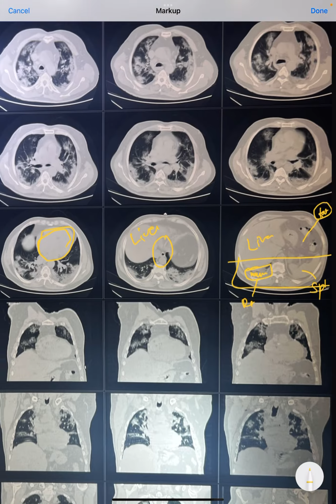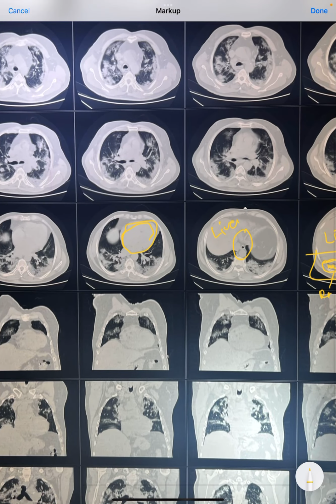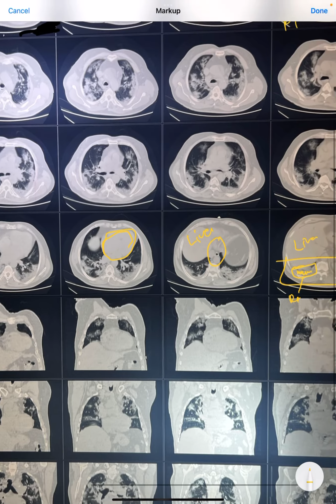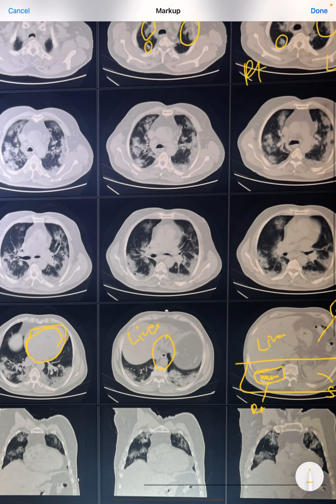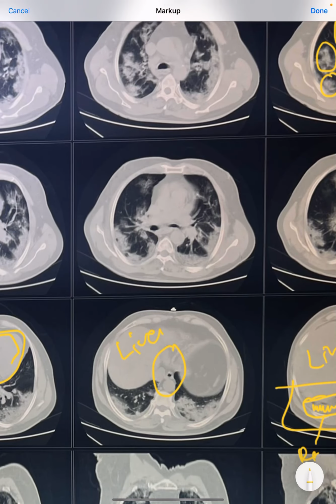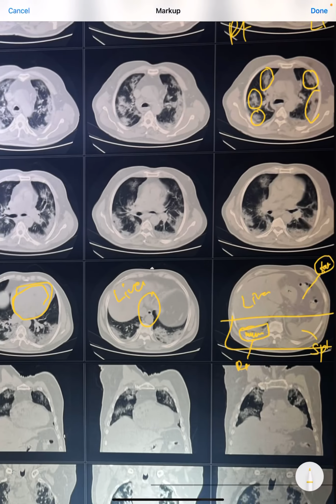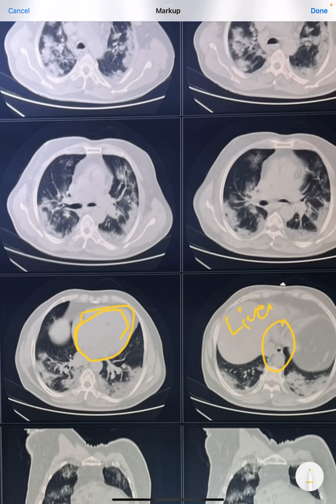So this is very typical of lung pneumonia or consolidation. Now we can see that in each and every field, these white patches are there, which suggest pneumonia. Pneumonia is a dense white patch in the lung parenchyma, and you can see the air bronchogram. Air bronchogram means there is a patent bronchus, and that will show air which will appear black.